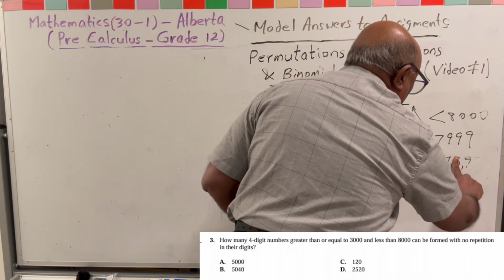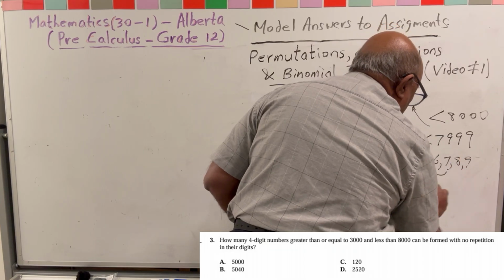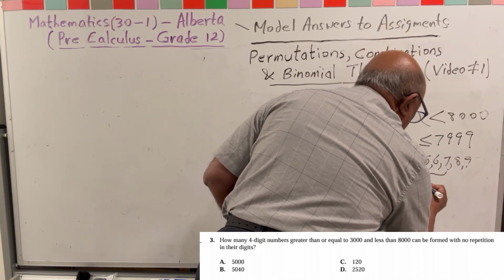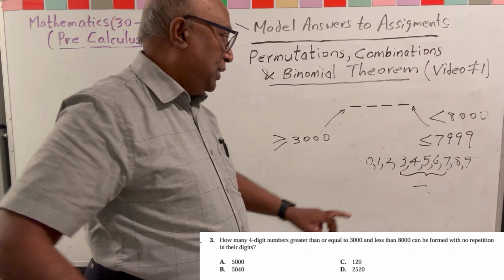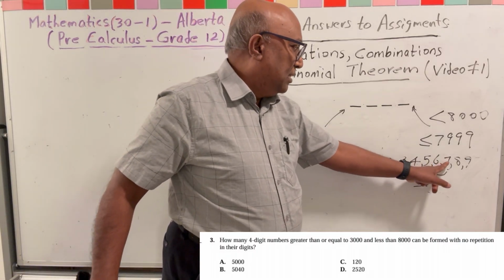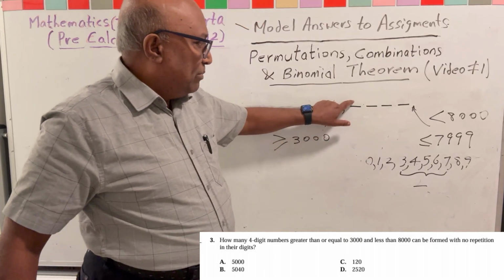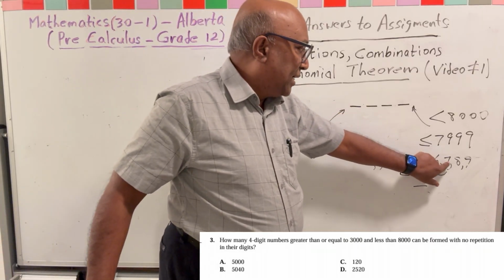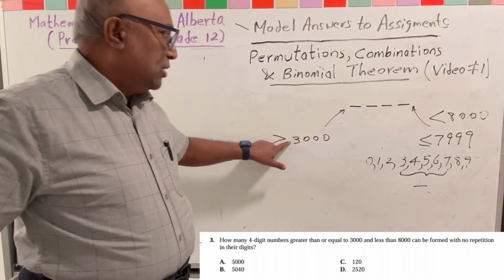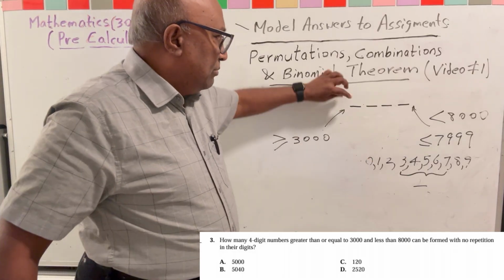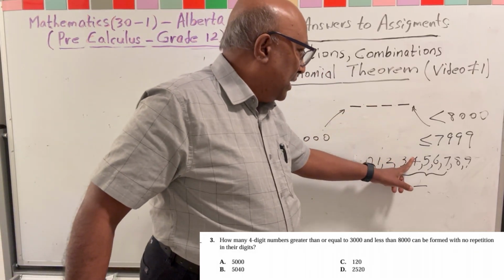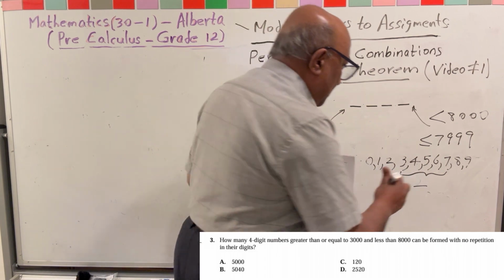You cannot start the number with 0, 1 or 2. For the first space, you can use these numbers only. The first number should be less than or equal to 7 and greater than or equal to 3.